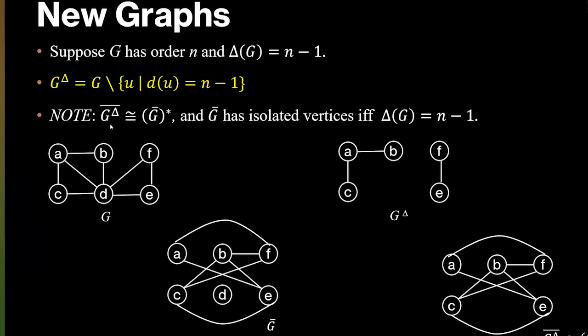Note that the complement of G triangle is actually the G complement star. As a visualization, if this is the graph G, then this is our G triangle with the vertex D deleted. And this is the G complement, and this is the complement of G triangle, which is also the star of G complement, with the vertex D deleted.